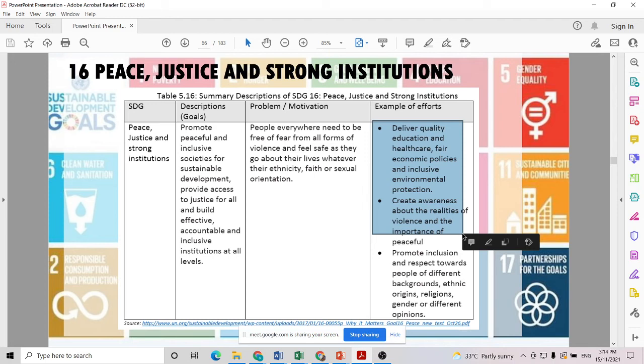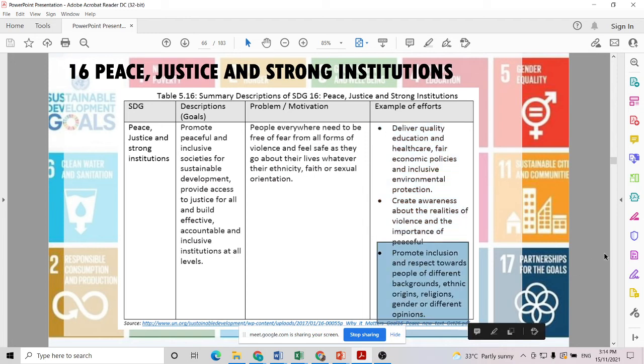So that is regarding the strong institution. And then you promote inclusion and respect towards people of different background, ethnic origin, religion, gender or different opinion. What is meant by different opinion? Jangan keras kepala.